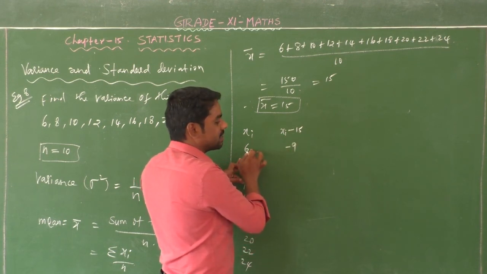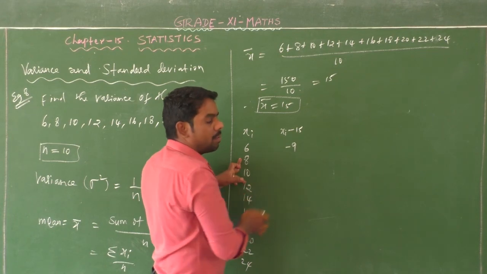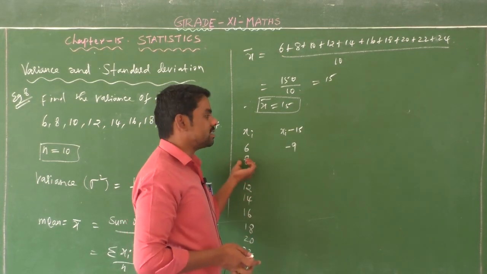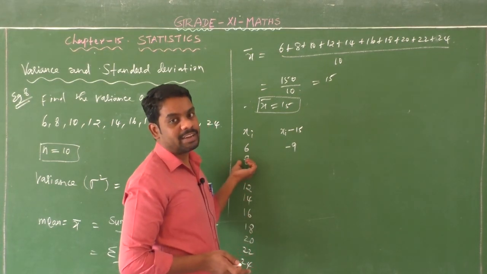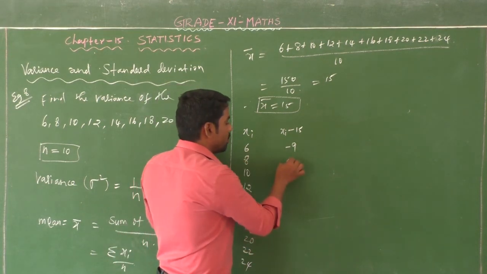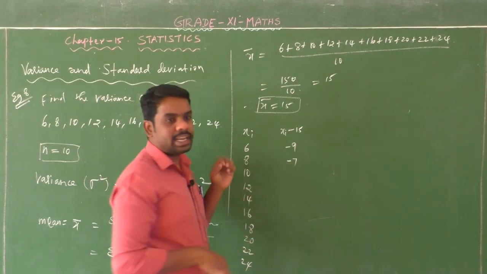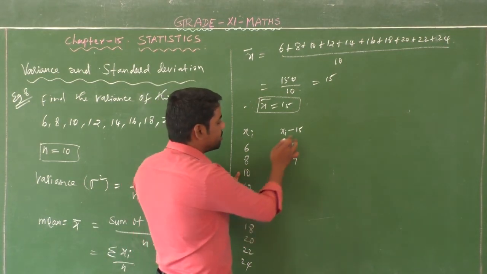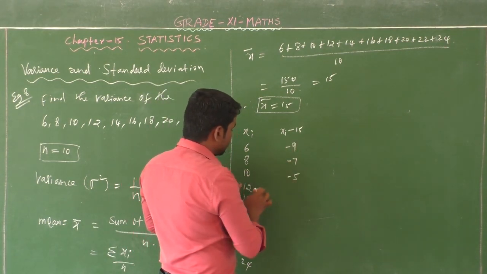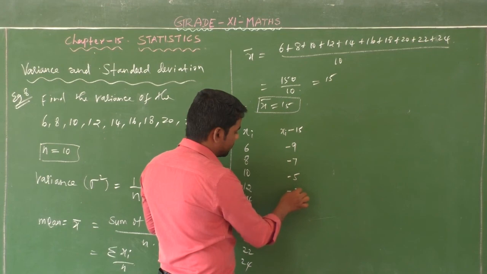Here x1 is 6, so 6 minus 15 is equal to minus 9. And x2 is 8, so 8 minus 15 is minus 7. And 10 minus 15 is minus 5. 12 minus 15 is minus 3.